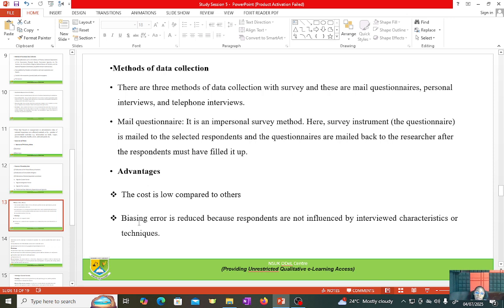They are answering these questions from their comfort zone, so they are most likely more able to give accurate or precise responses, knowing that they have some level of confidentiality.